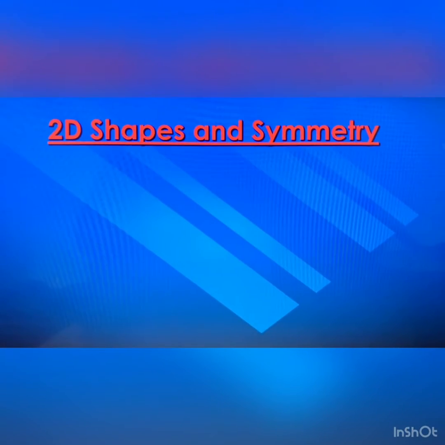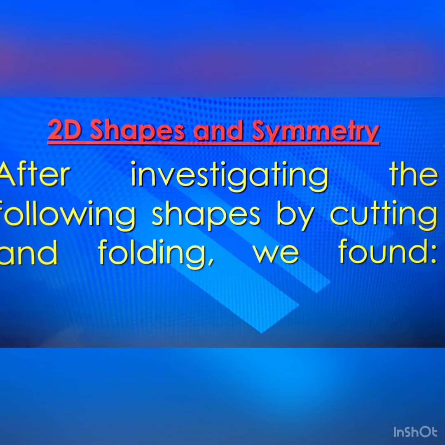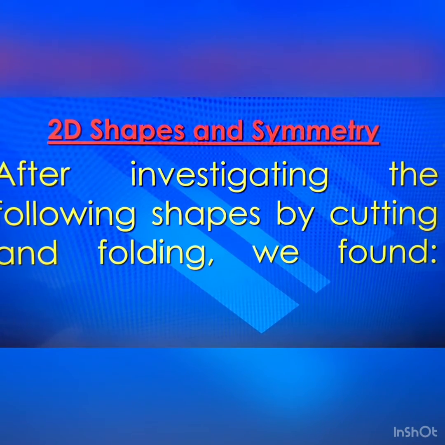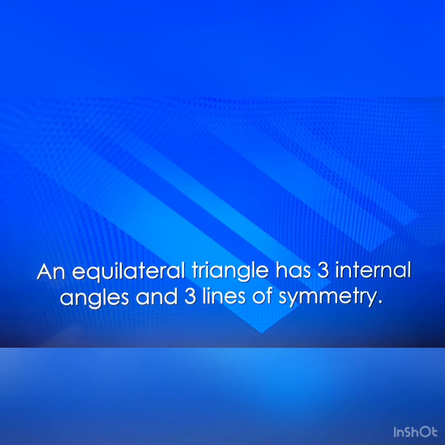So dear, moving for next, 2D shapes and symmetry. After investigating the following shapes by cutting and folding, we found an equilateral triangle has 3 internal angles and 3 lines of symmetry.